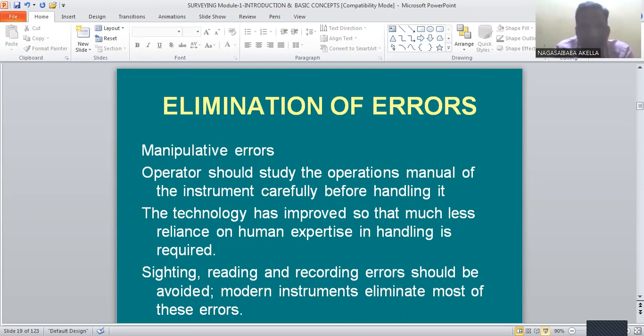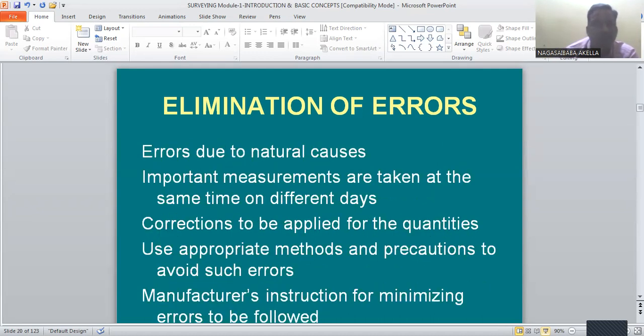Suppose you use a total station and want to find the horizontal distance from the instrument station to the object, it will clearly display the horizontal distance or vertical distance or horizontal angle, vertical angle, whatever you want, on the screen. So modern instruments will eliminate most of these manipulative errors.